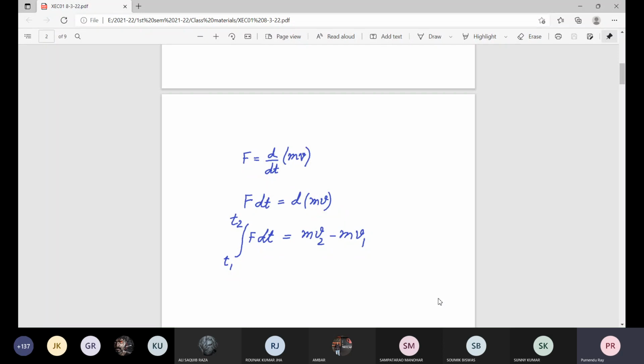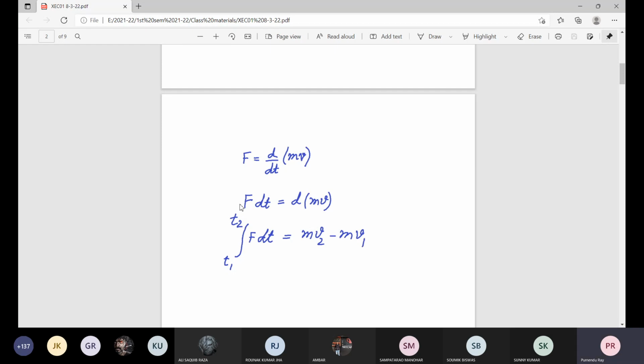So in some problems you will find this method is very useful, compared to work energy and the conventional force equal to mass multiplied by acceleration, particularly when we deal with impact problems.